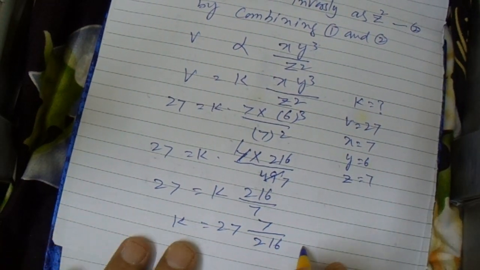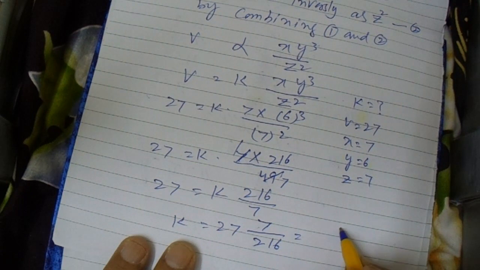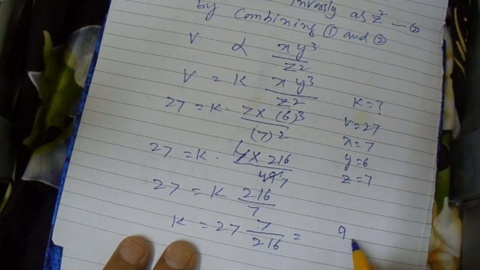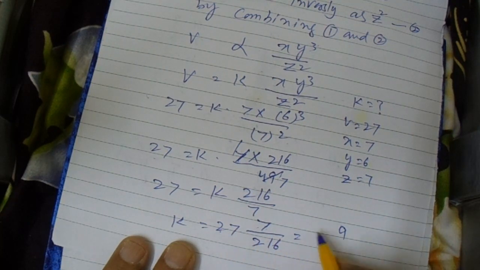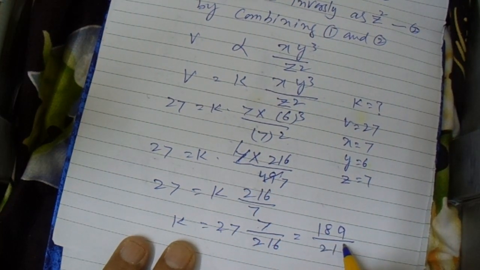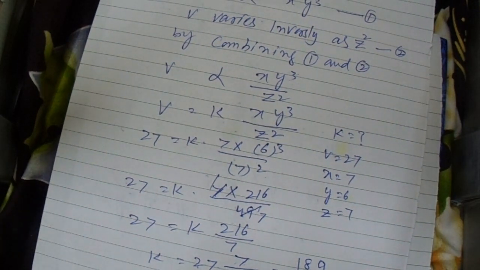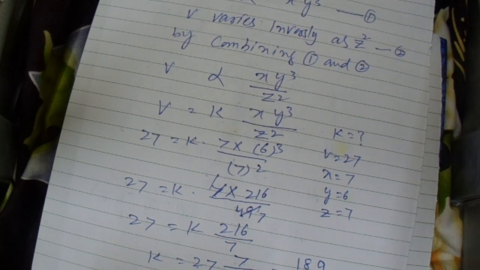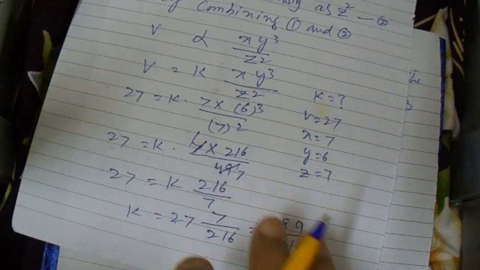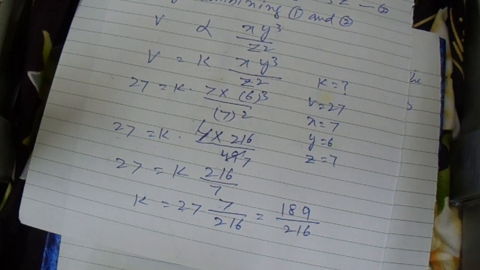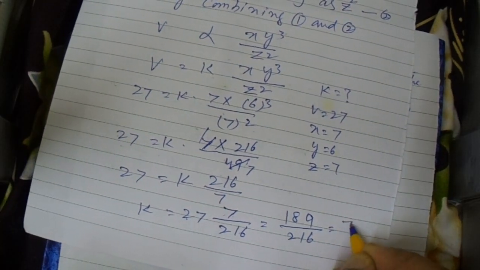Now 7 sevens are 49, 7 twos are 14, and we get 189 over 216. 27 multiplied by 7 is 189. 189 divided by 216 is equal to 7 by 8.